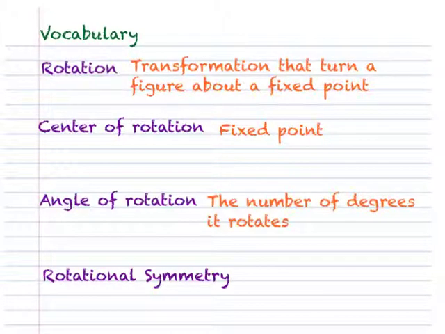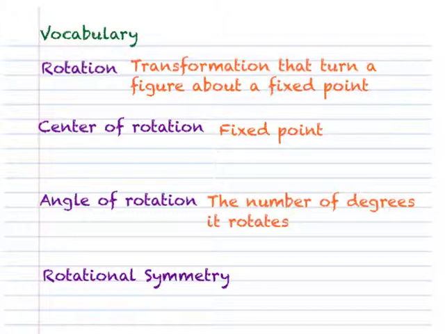And the next one we want to talk about is rotational symmetry. Now, rotational symmetry means that I can take a shape and rotate it 180 degrees or less. So if you think of 180 degrees, you're thinking of a straight line or less than that.